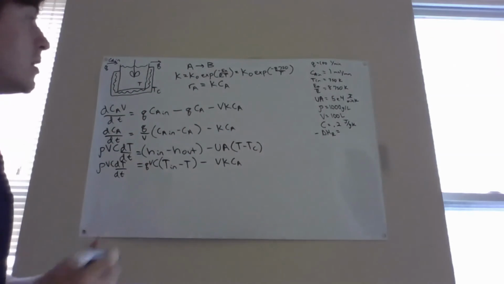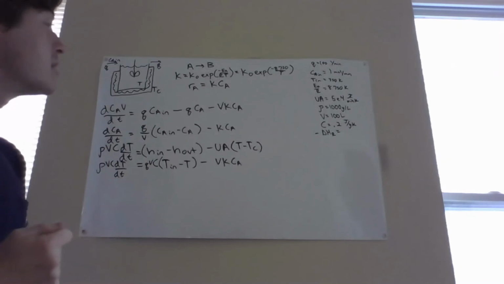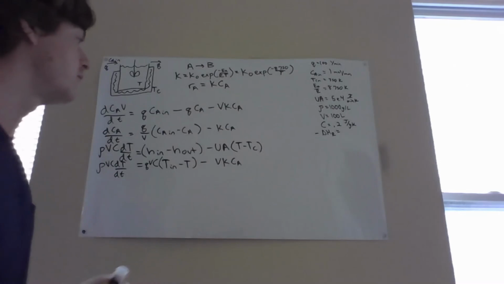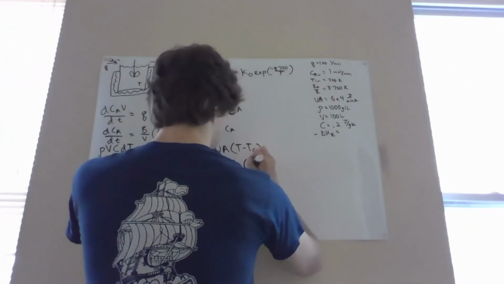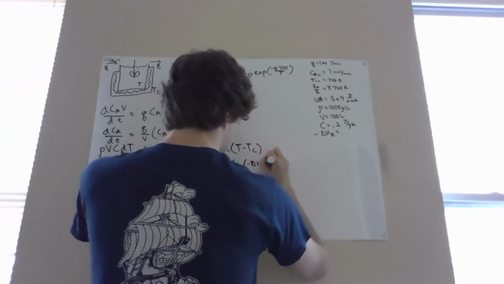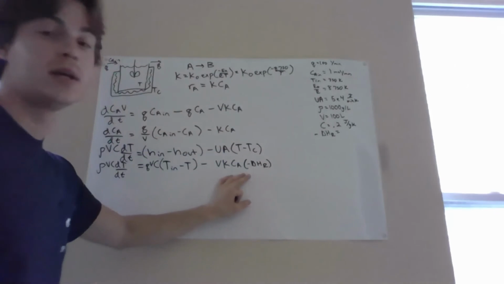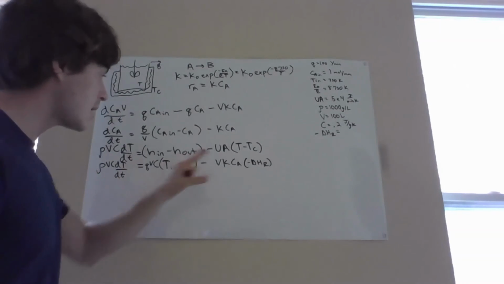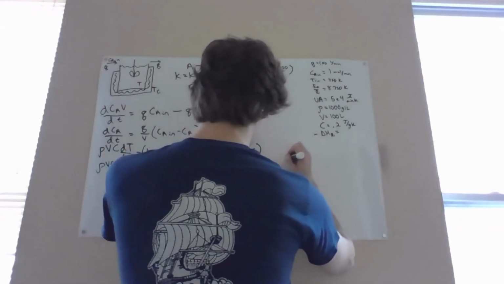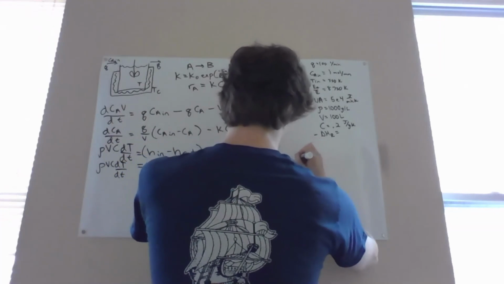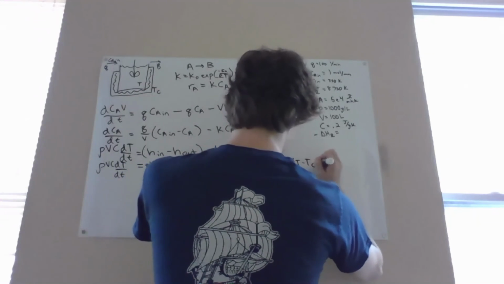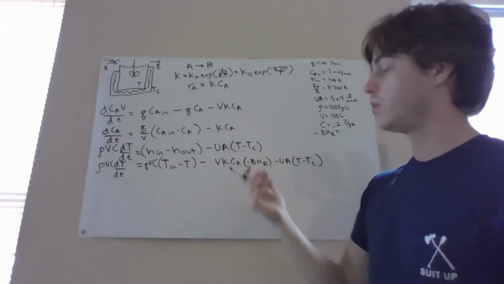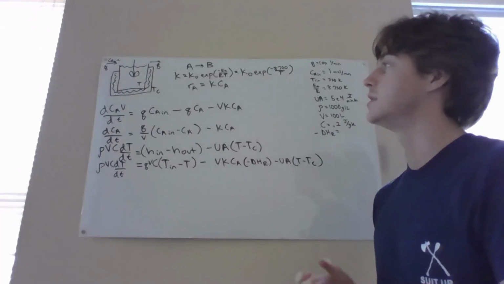And to get the change in enthalpy because of this reaction, we will multiply by the change in enthalpy per mole for this reaction, which is just negative delta HR. And we are given this in the problem. And then again, we still have the rate of transfer of heat between the reactor and the cooling jacket. So now I will use both of these equations to simulate the behavior of this system in Python.